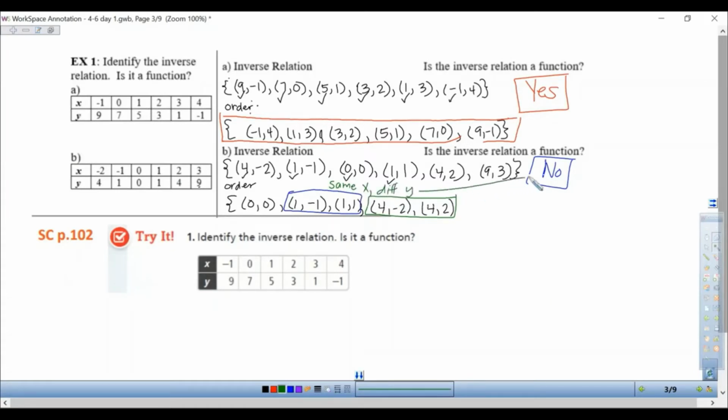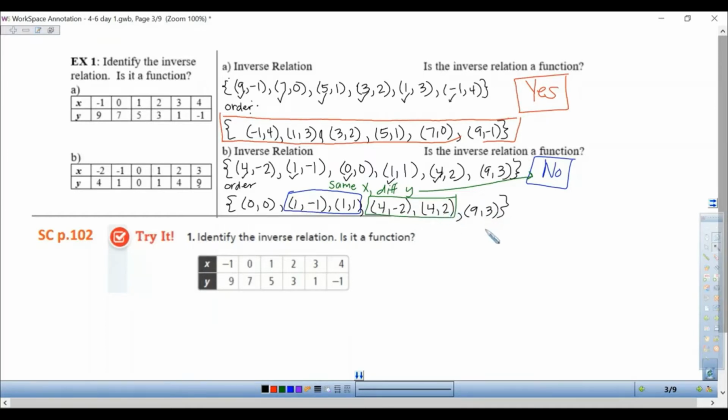And that's what tells us no, that they're not a function. And then our last point is 9, 3. Okay, so our inverse is a set of points 0, 0, 1, -1, 1, 1, 4, -2, 4, +2, and then 9, 3.